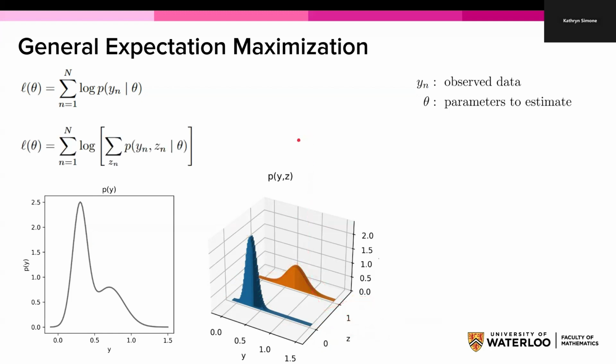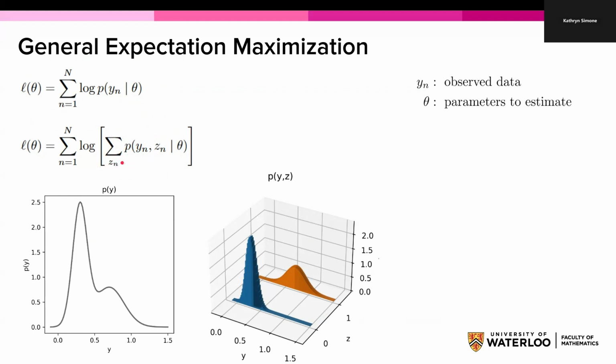And so we can express the log likelihood that we had before in terms of this joint density. Recall this is the notation for the joint density between two variables, in this case yn and zn. The reason why these are equivalent is because we're summing over all possible values of z.